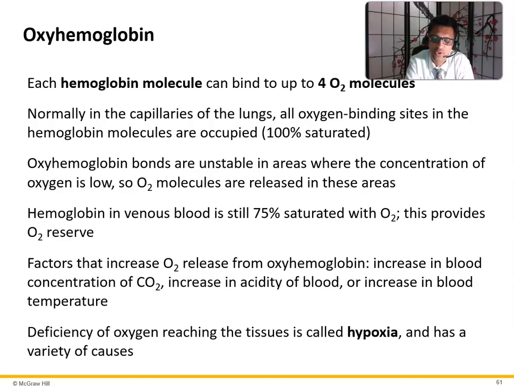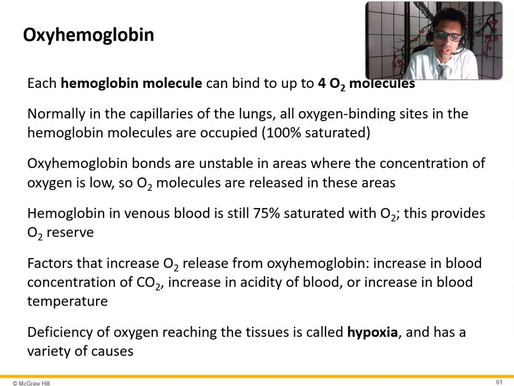Well, if I have too much carbon dioxide, I'm going to need to release more oxygen. If the pH of my blood decreases, a pH of 7 or below is acidic, so that's an increase in acidity, and I'm going to release more oxygen. Or if I have an increase in blood temperature, I'm going to release more oxygen.